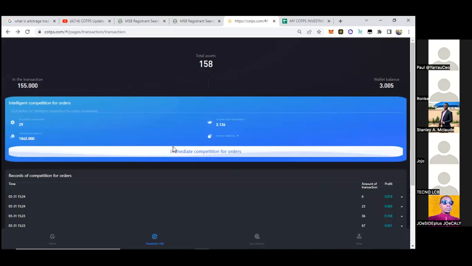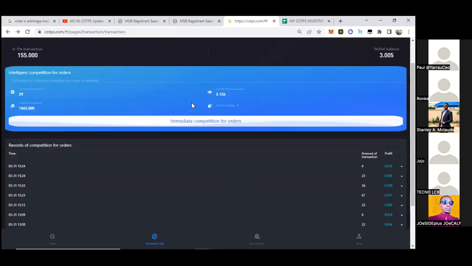Once it is there, you would click this button that says immediate competition for orders. And then you will get a pop-up showing you the exchange and the different prices that they're buying and selling. And once you click sell, it will then give you another pop-up showing you the profit that you're expected to get. And you would click confirm, and then the funds would be sent out.